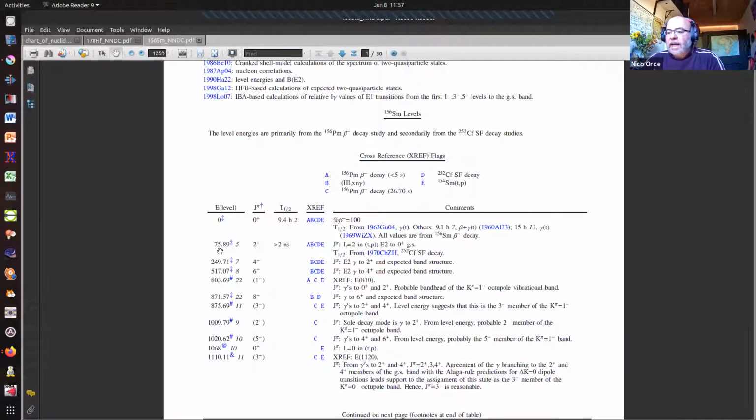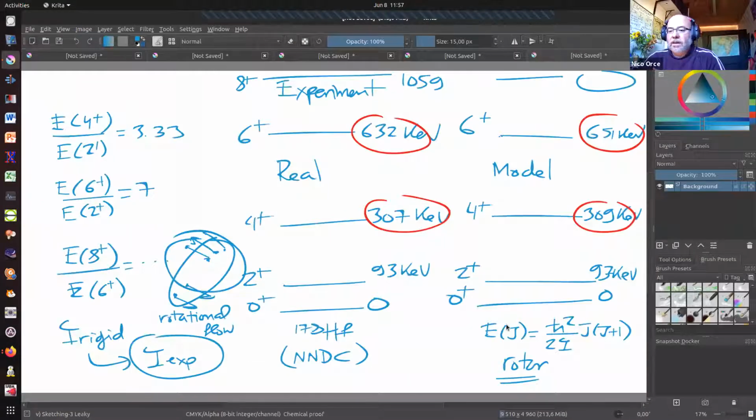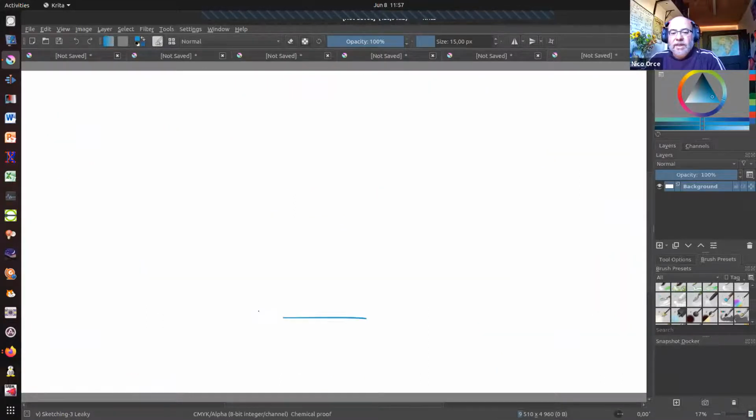So let's assume again this is 75, and let's see whether we can predict ourselves what will happen. We have the 0 plus, we have the 2 plus, and this is 75.